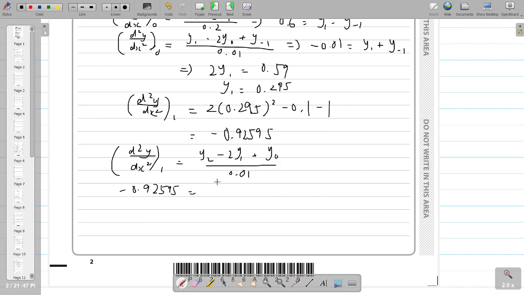Y sub 2 is what we're looking for, so we can keep that blank. Y sub 0 is 0, so we don't care about that. Y sub 1 we just found, well, 2y sub 1 is just 0.59, so we're going to keep it 0.59 equals 0.01. So hence, we determine that y sub 2 is equal to this times this plus this.